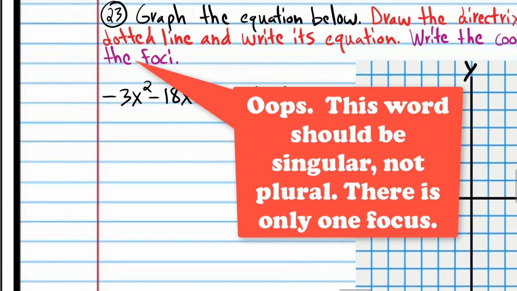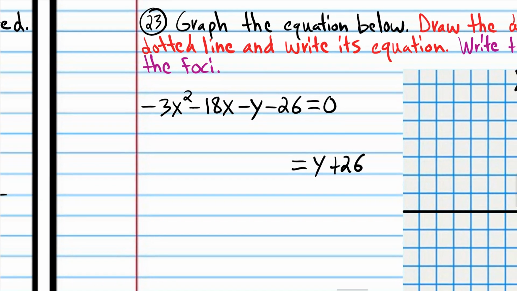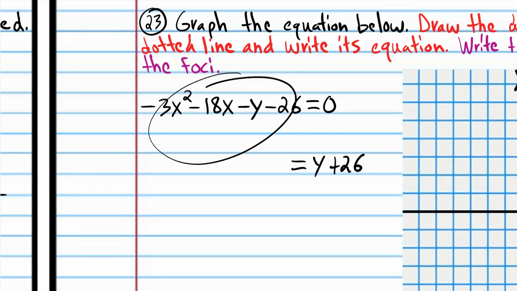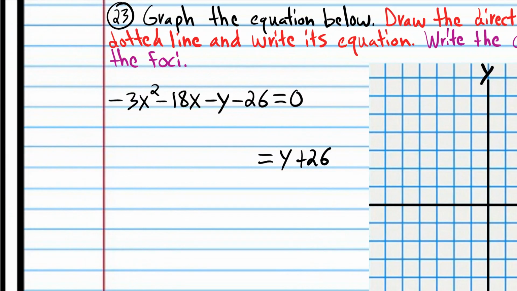Alright, we're back. So I'm going to put everything, the y and the 26, on this side. We could actually graph the problem in this form, but I'm going to complete the square because I think it would just be easier for us to see what's going on.